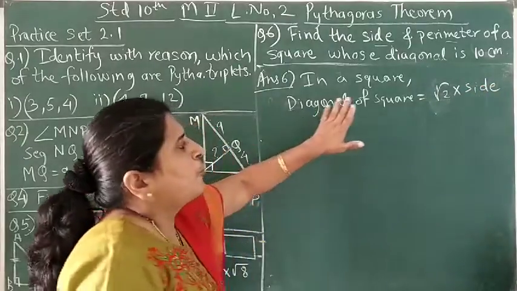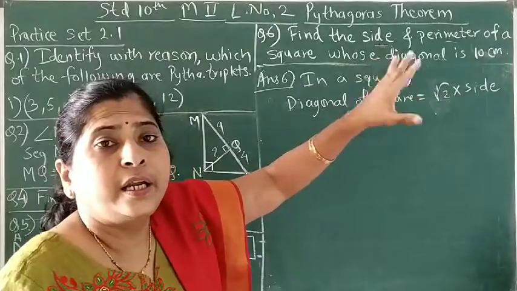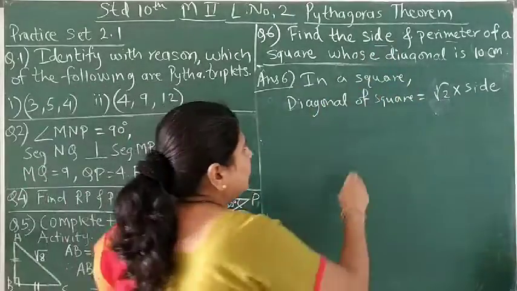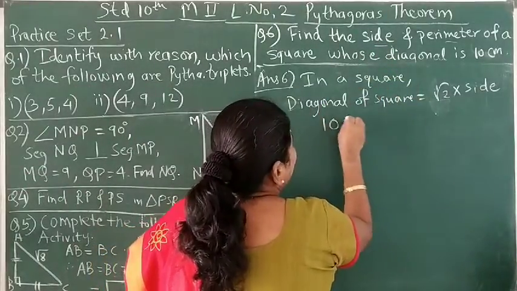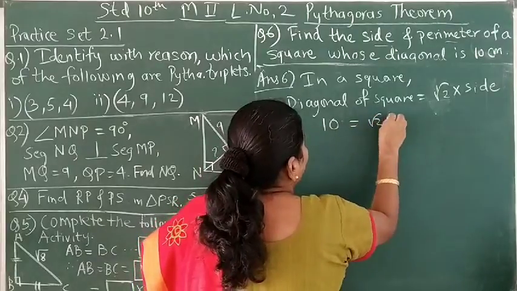So if you remember this formula, that the diagonal of a square is side into root 2, then this diagonal you have, 10 centimeter, is equal to root 2 into side.